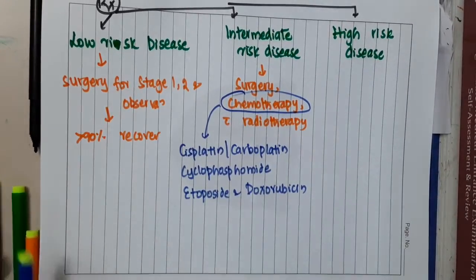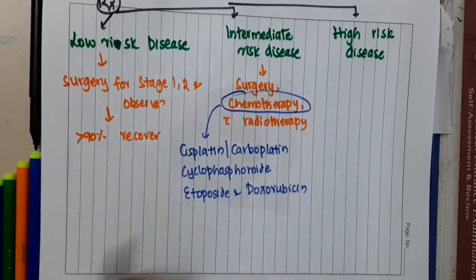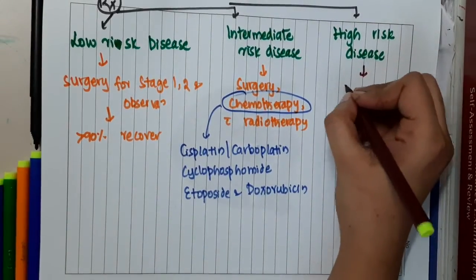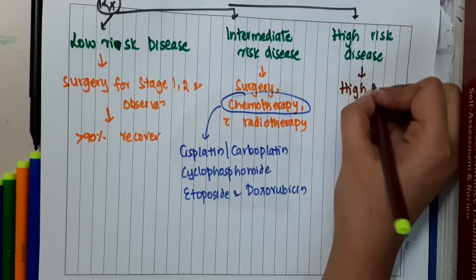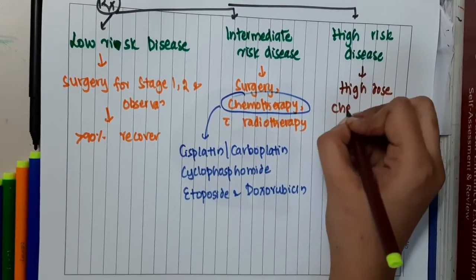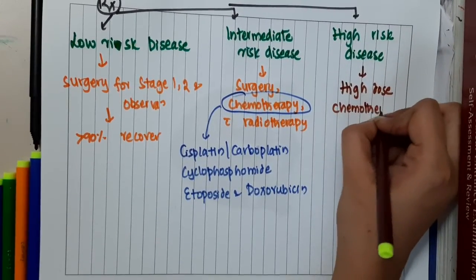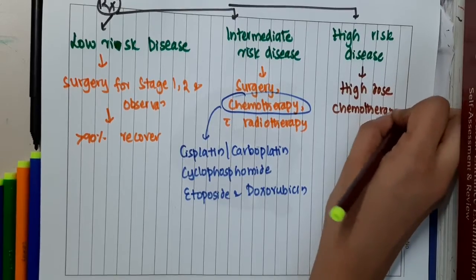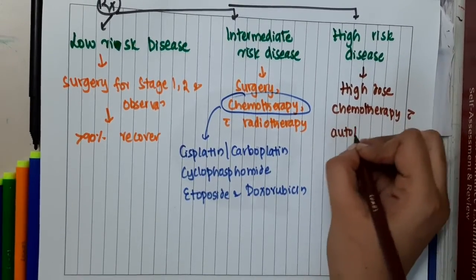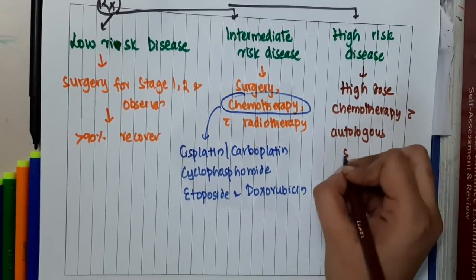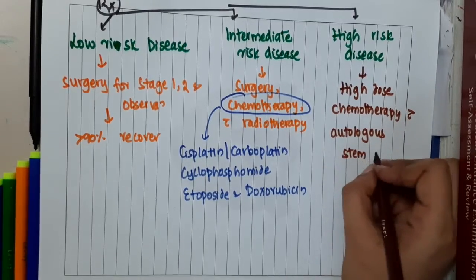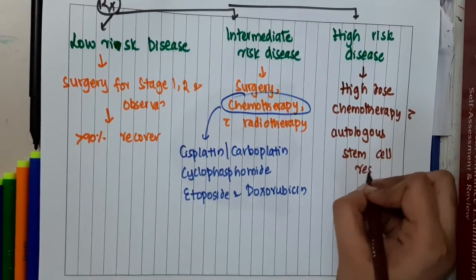Then you have high risk disease. In high risk disease, high dose chemotherapy with autologous stem cell rescue is done.